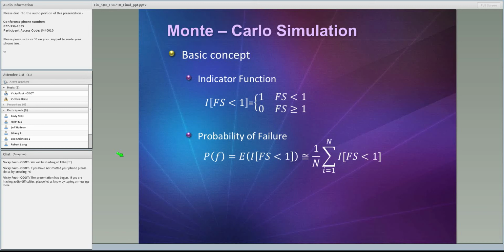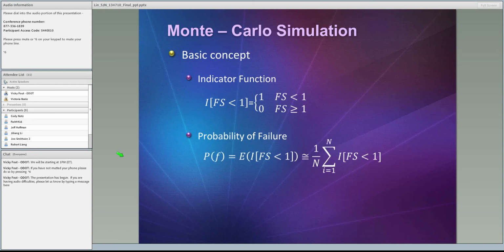So how do we choose the total number n? We're using this equation, which is the coefficient of variation for the probability of failure.